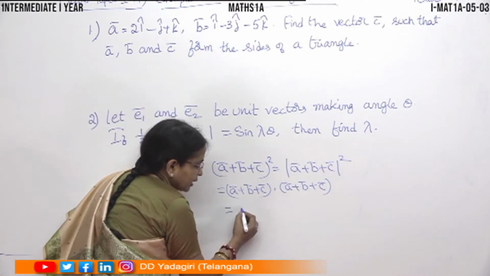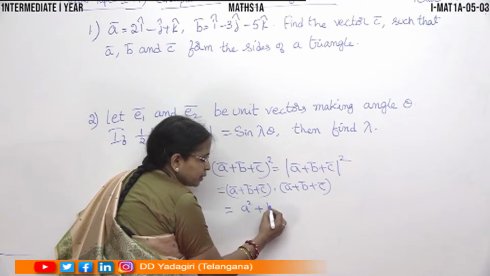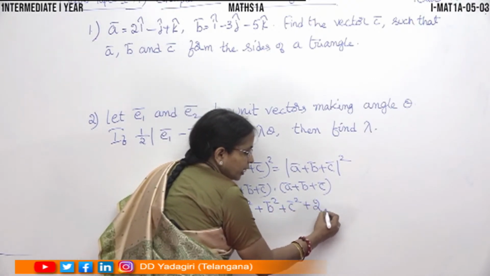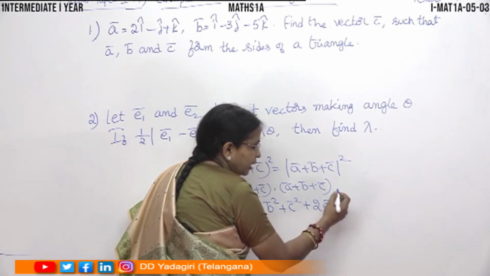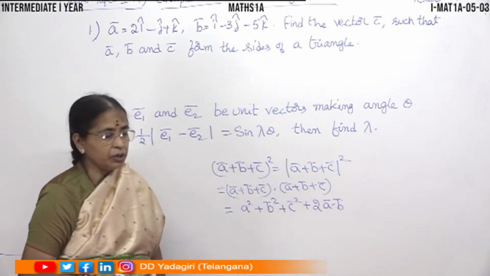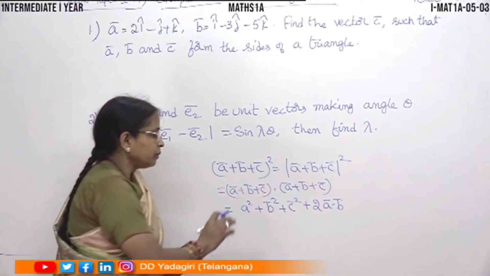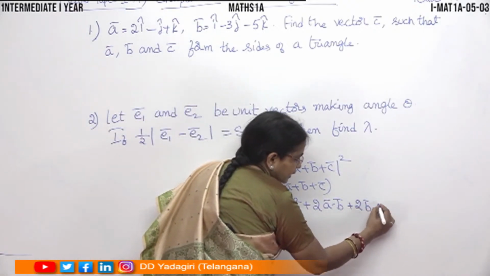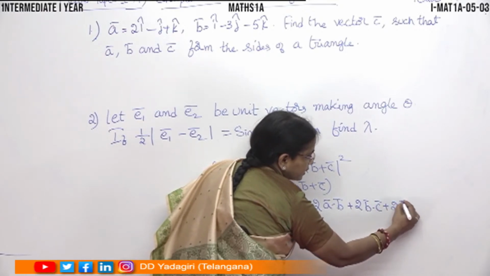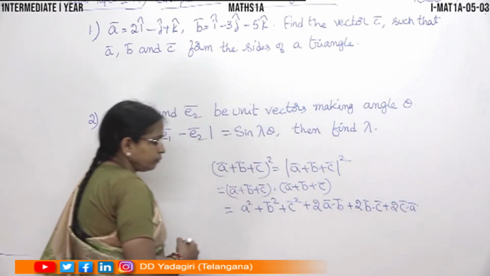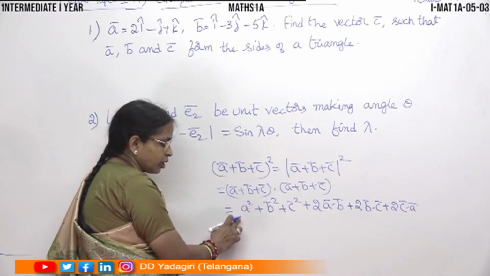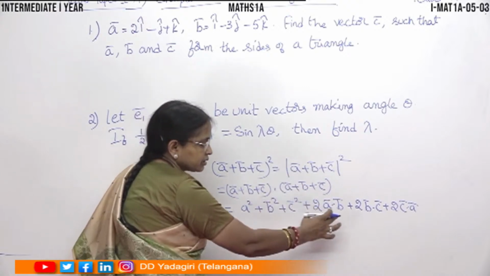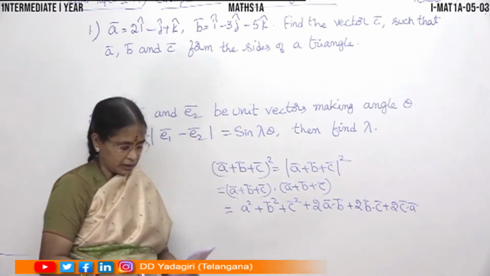In algebra you write 2AB, 2BC, 2CA like that, but here you will write 2A dot B plus 2B dot C plus 2C dot A. Of course, A square is mod A square, B square is mod B square, C square is mod C square.